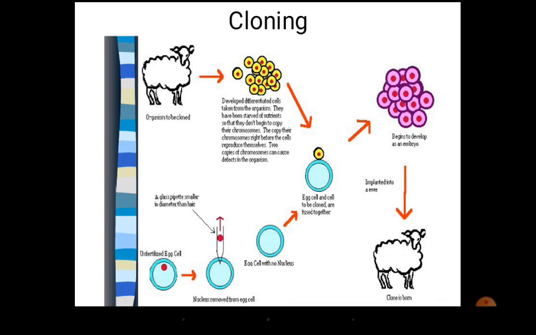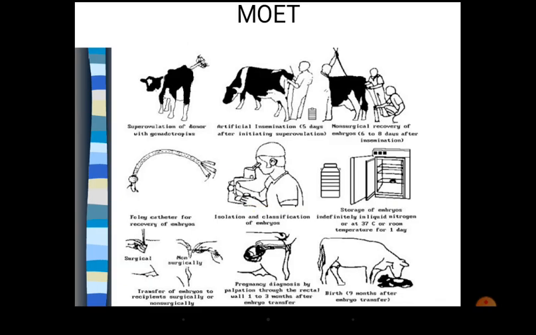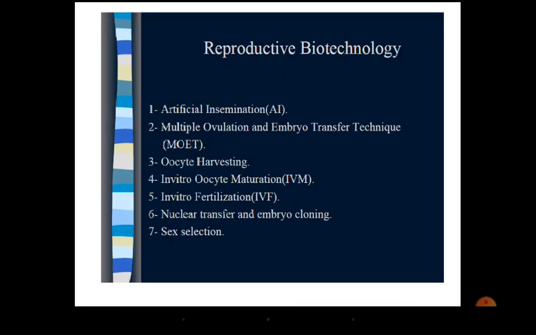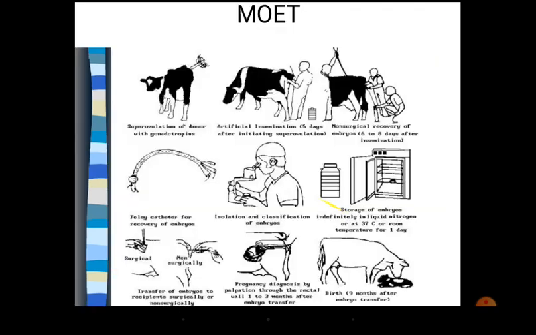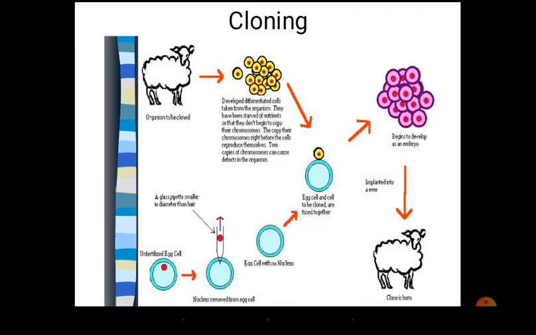In the first slide we just saw this 6th point, nuclear transfer or embryo cloning, is also there. Nuclear transfer is basically the same thing, nucleus cloning, and the main difference is that any cell of the body can be used.